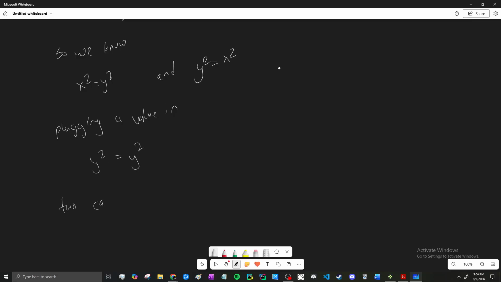Two cases, right? y is equal to negative y or y equal to y.